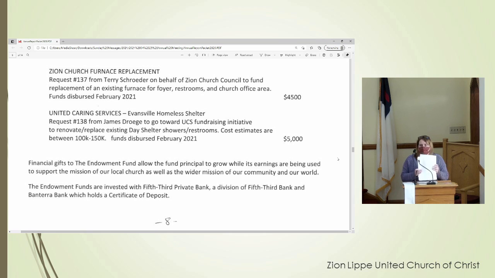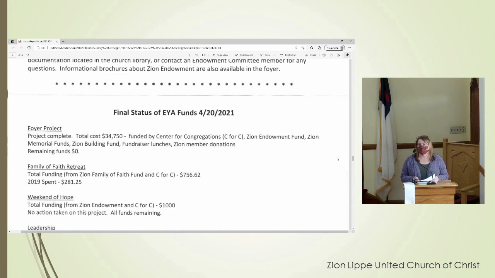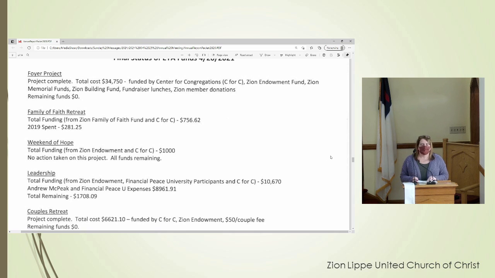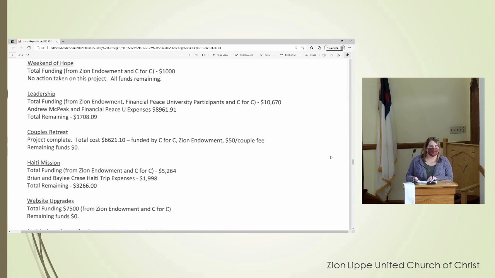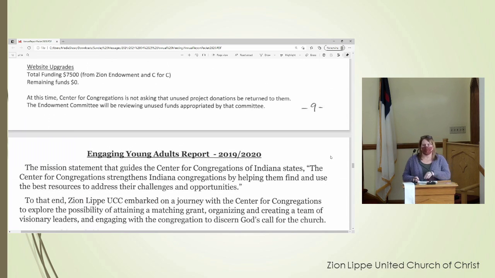Next up is EYA. I know I saw Hans and Rhiannon. Either one, is this for information only, or were either one of you going to share anything additional? Just information, okay. So are there any questions currently about EYA? I know it definitely got pushed back due to COVID. The deadlines kept moving and there were opportunities that they were going to allow us to continue.